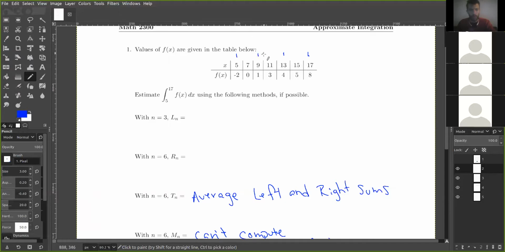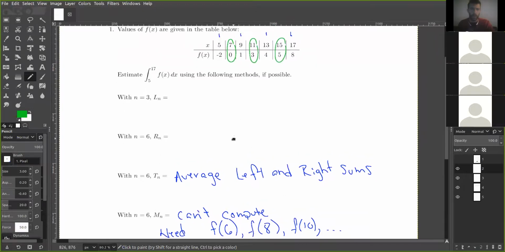The height's going up. 9 to 13 would be the next, and 13 to 17 the one after that. If we want the midpoints, my first interval is 5 to 9, so the midpoint is 7. The midpoint between 9 and 13 is 11. The midpoint between 13 and 17 is 15. Those are the values we want to use.